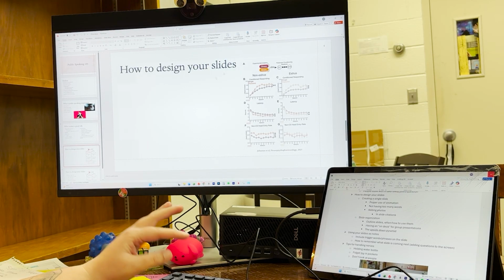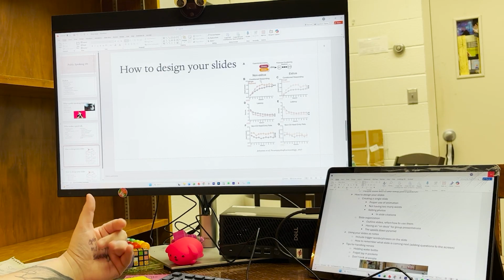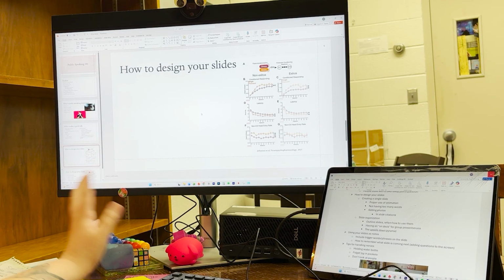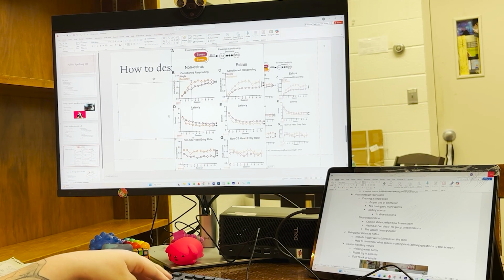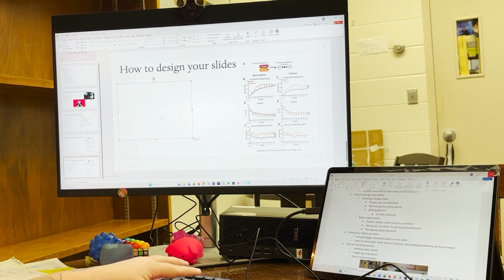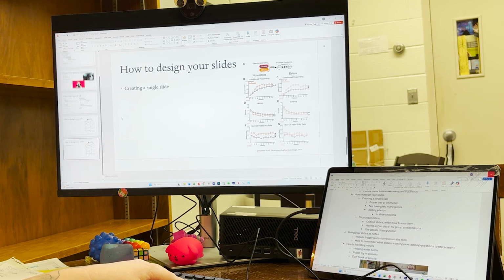And now if you looked at this slide from far away, you wouldn't see anything here except for the how to design your slides. Now I can take that box, put it on my duplicated one, duplicate that again, allow for some words.